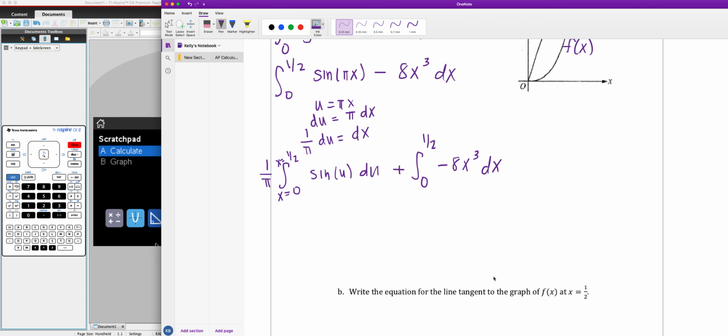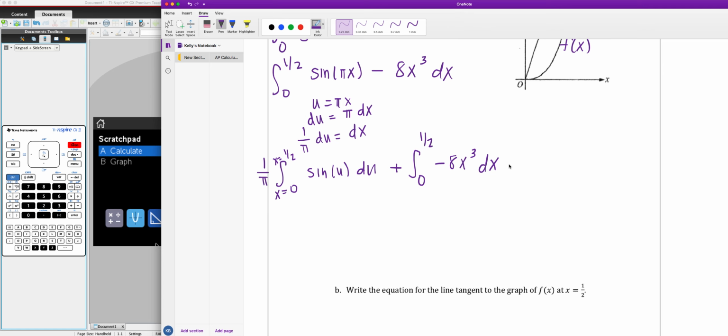Now that both of these are ready to go, I'm going to integrate them over here. The antiderivative of sine is negative cosine, so I actually get negative 1 over pi cosine of u, evaluated as x goes from 0 to x equals 1/2, minus the antiderivative here, which is going to be 8x to the 4th over 4, from, again, 0 to 1/2.